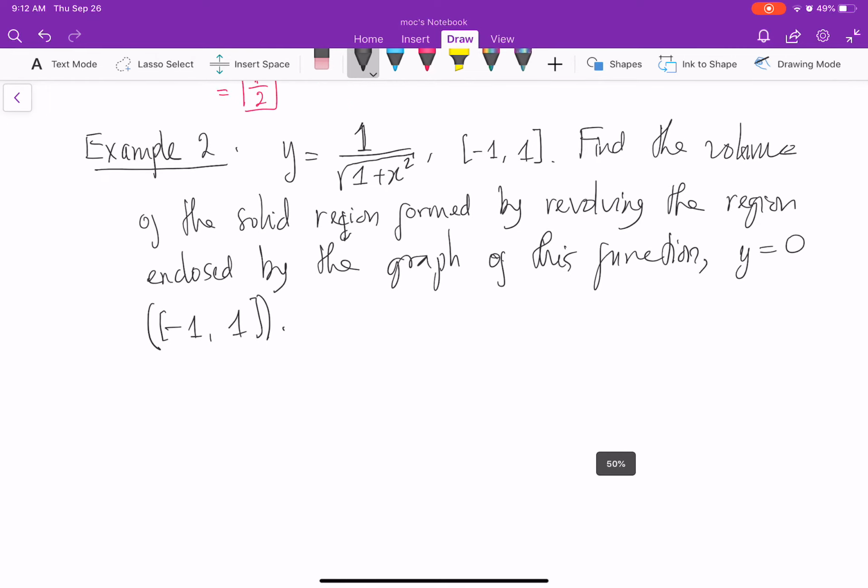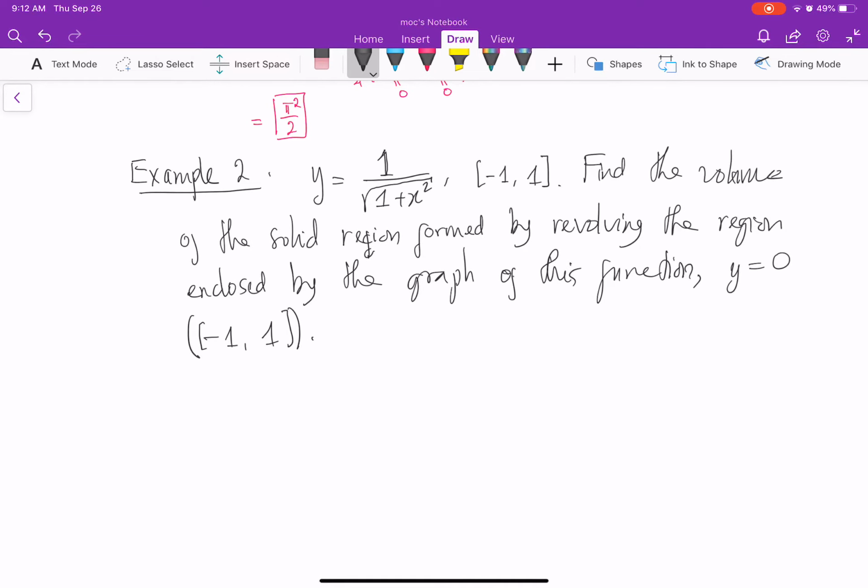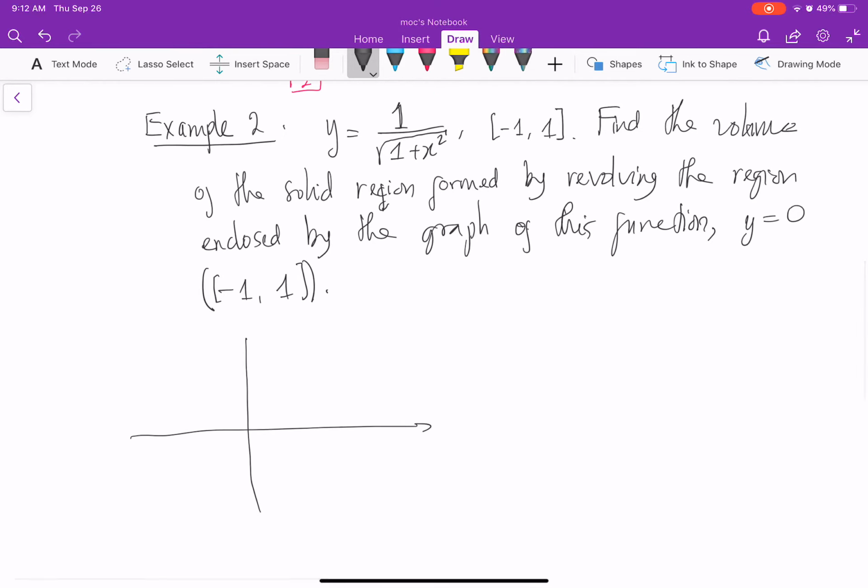So let's graph this function. In such a situation, I really don't need the exact graph. I just want to make sure if the graph is above or on the x-axis, or if there is any x-intercept of this function. So I just graph that very briefly. Here is y, here's x, here's 1, -1 in here and 1 in here, 0 in here, and here's 1.